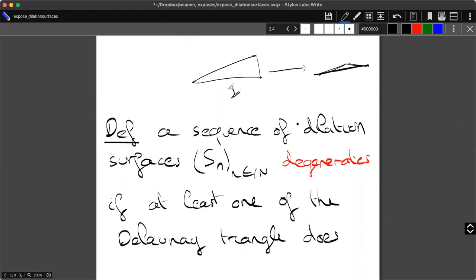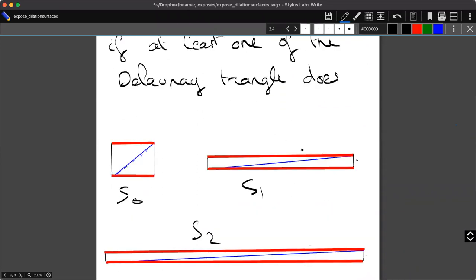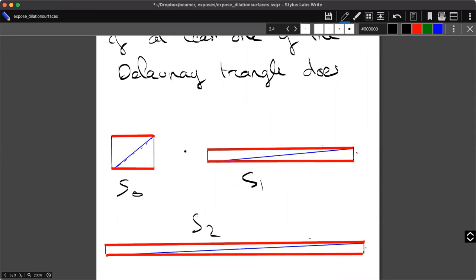And now you have a sequence of dilation surfaces, so you have a sequence of triangulations. And if one of these triangles degenerates, we say that the sequence of dilation surfaces degenerates. So here, for example, I draw a sequence of degenerating dilation surfaces.